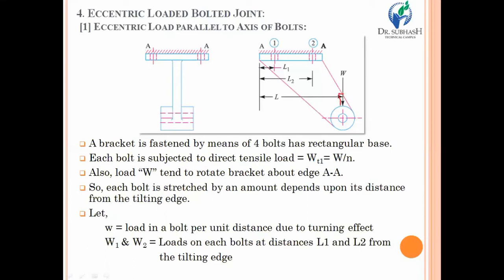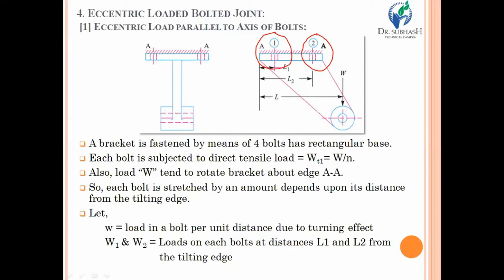So over here, force into perpendicular distance up to this, or you can also select this bolt, will cause a twisting moment on the respective bolt system. So there are two functions fulfilled by the external load. One is the direct tensile load that is produced on each and every bolt, and the other is to produce twisting, or we can say a simple moment, on the bolt system.